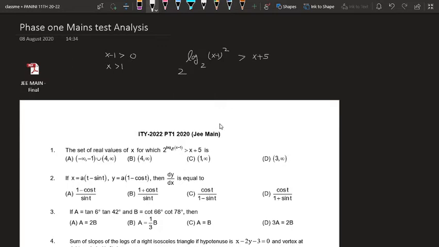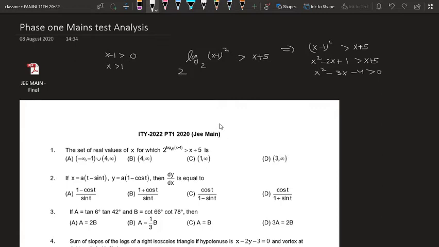Now from the fundamental identity of logarithm, this is x minus 1 square greater than x plus 5. x square minus 2x plus 1 greater than x plus 5. x square minus 3x minus 4 is greater than 0.